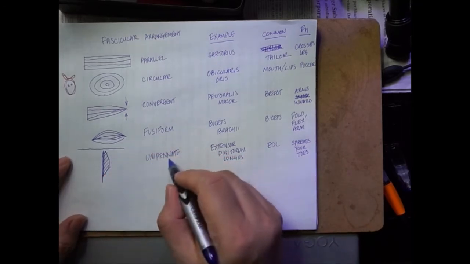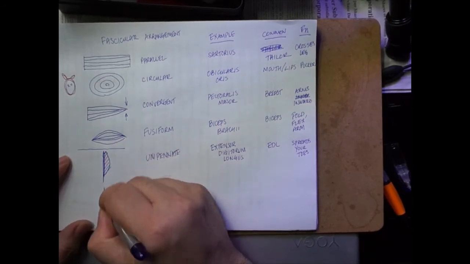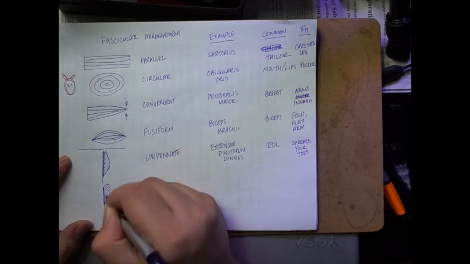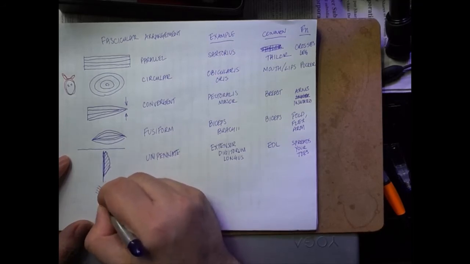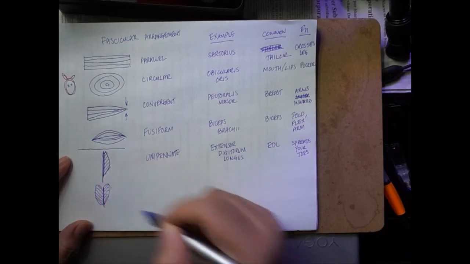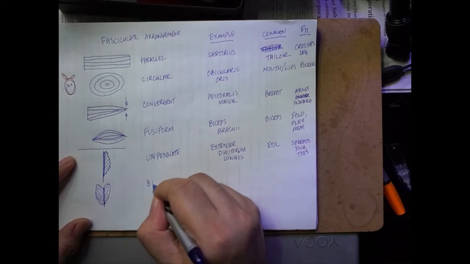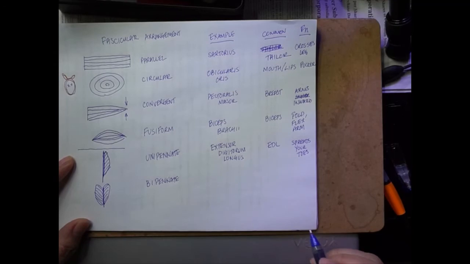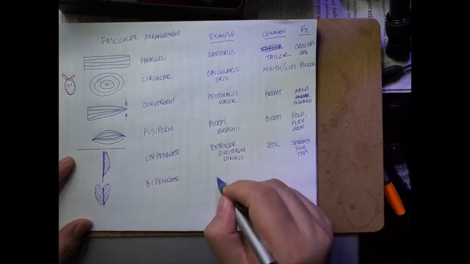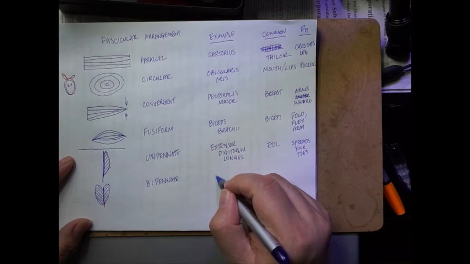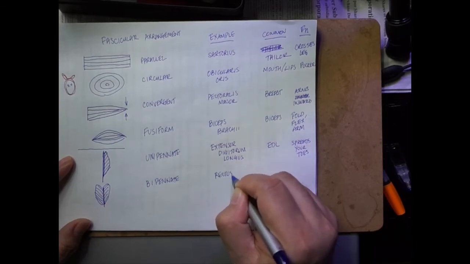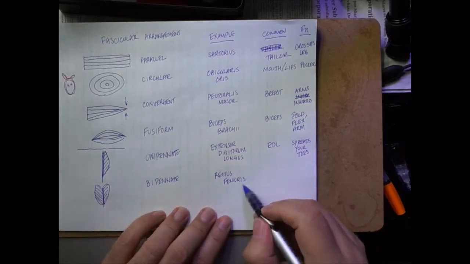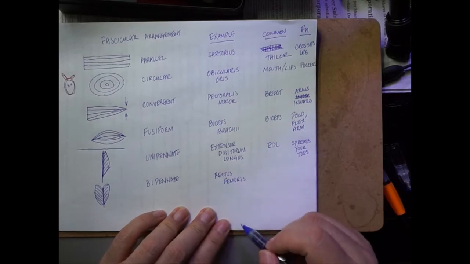So if you can have one feather, you can have a double feather system. So in other words, you have your quill in the middle, your spine in the middle, and then you have one quill on this side, and then you have another quill on the opposite side. So this will be a bipennate muscle. A bipennate muscle is best recognized by the rectus femoris. So femoris, you already know, means thigh. Rectus means straight.